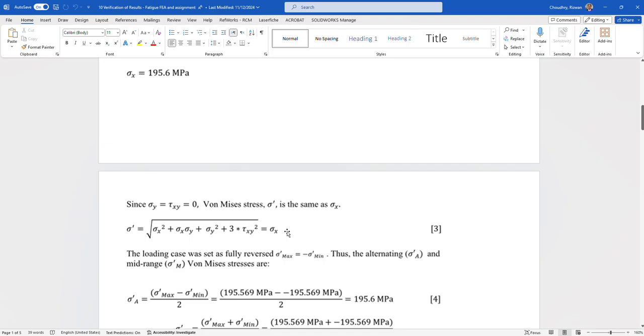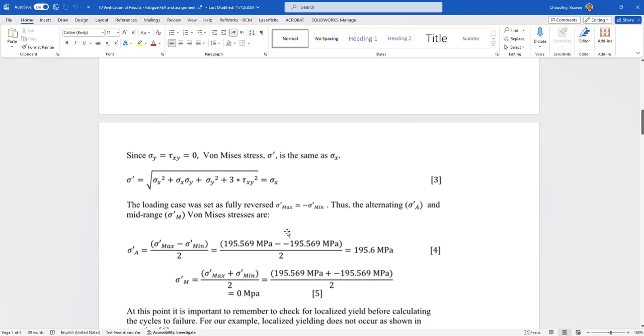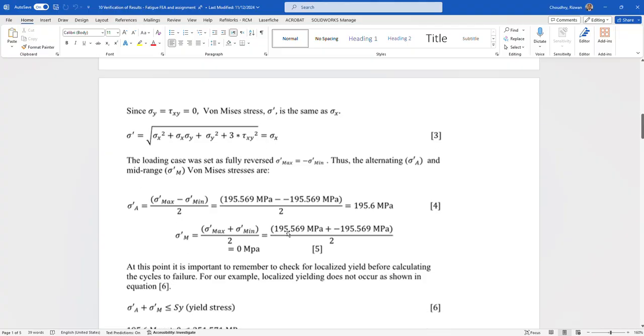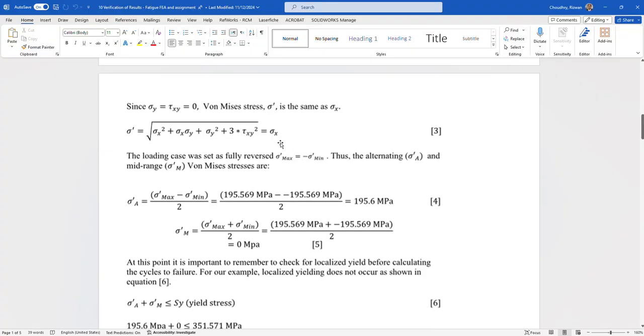Now, keep this in mind that once you calculate this value of the von Mises stress, you can now use this to calculate the alternating stress in the material.